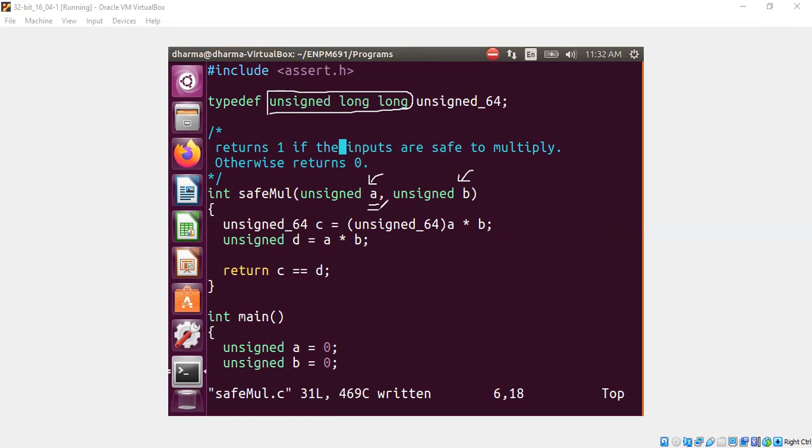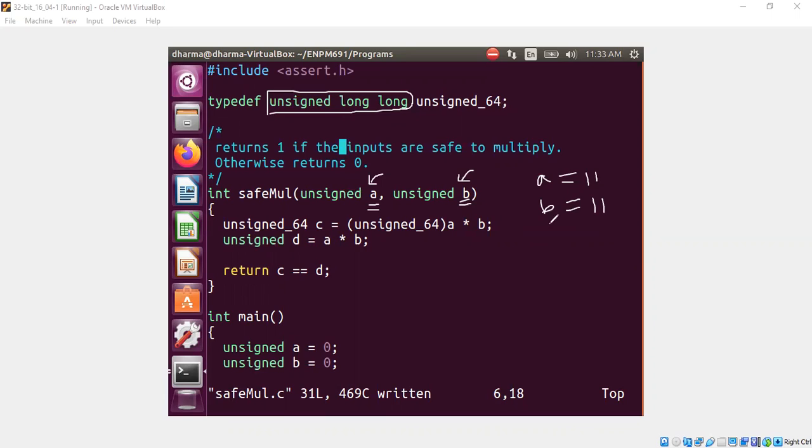If this is a 32-bit number and this is a 32-bit number, and you multiply two 32-bit numbers, the maximum value will be a 64-bit number. You can simply take, say, a two-digit number. Let's say A is 11 in binary, and B is 11 in binary. If you multiply A and B, you will get an answer which is in 4 bits.